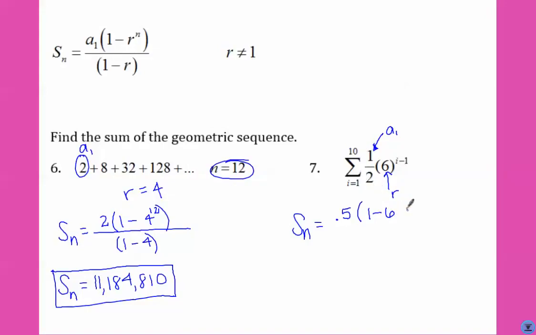We're going from 1 to 10, so that's 10 terms, all over 1 minus 6. Type that in your calculator, and we get that the sum of all those terms will be 6,046,617.5.